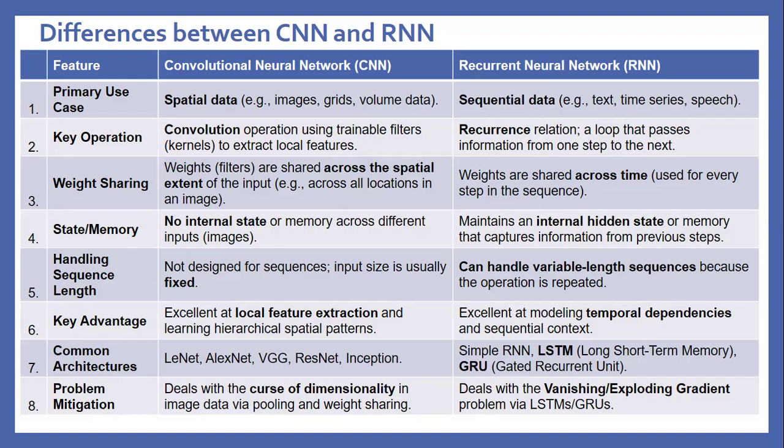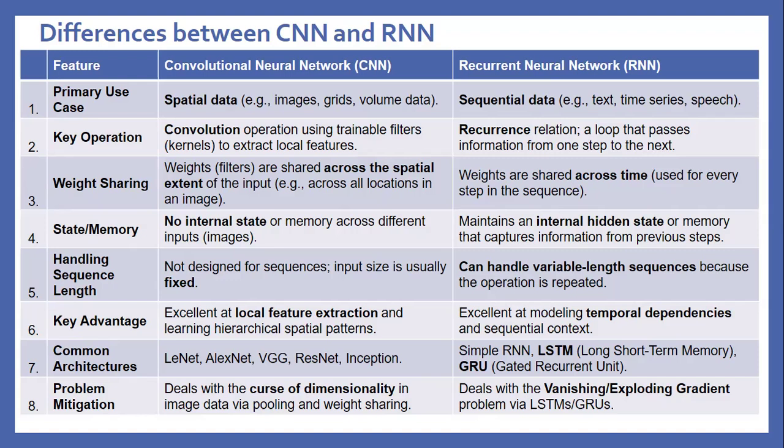Key advantage: CNN is excellent at local feature extraction and learning hierarchical spatial patterns. RNN is excellent at modeling temporal dependencies and sequential context. Common architectures: CNN, LeNet, AlexNet, VGG, ResNet, Inception.